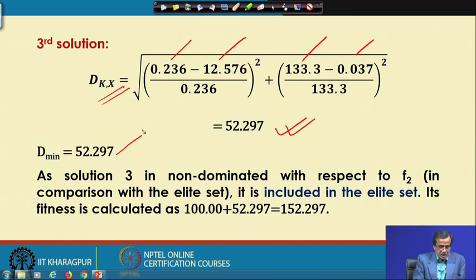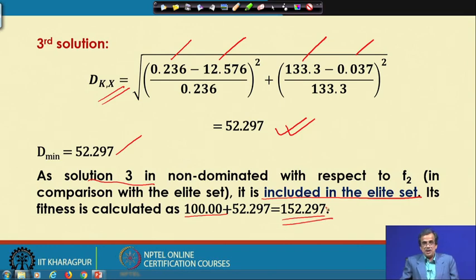As there is only one Euclidean distance value till now, this is nothing but D minimum. Now, as solution 3 is non-dominated with respect to at least f 2 in comparison with the elite set, it will be included in the elite set, and its fitness will be calculated as 100.00, the fitness value of the elite set, plus this D minimum, that is 50.297, which is 152.297.